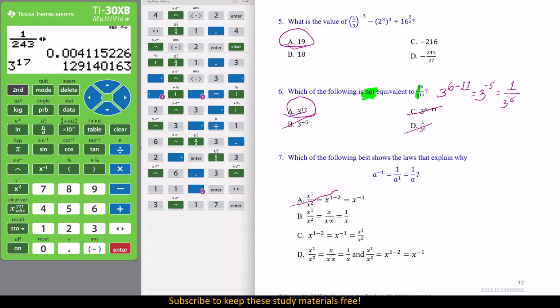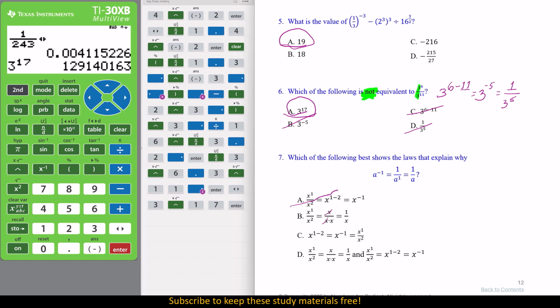Now let's look at B. B tells me that x to the first is just x, and x squared is x times x. And then you don't see it, but they use cancellation, which gives you 1 over x. I believe that. I buy that. That works for me.